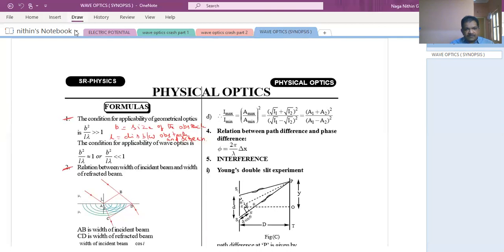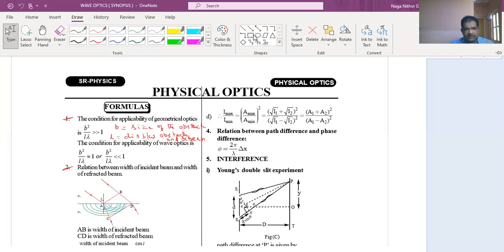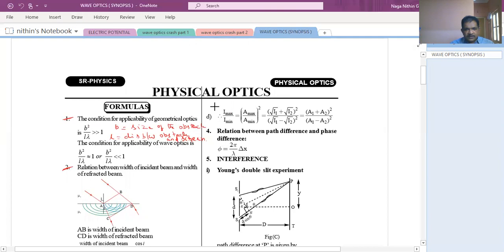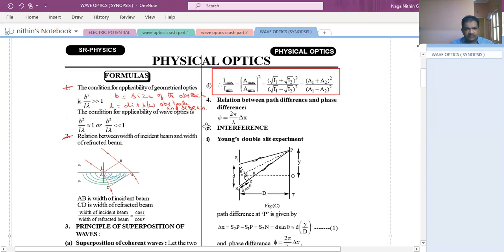This is an important formula, mostly used in a number of problems. So the ratio I maximum by I minimum will be equal to A max by A min whole squared, or root I1 plus root I2 whole squared by root I1 minus root I2 whole squared, or a1 plus a2 whole squared by a1 minus a2 whole squared.